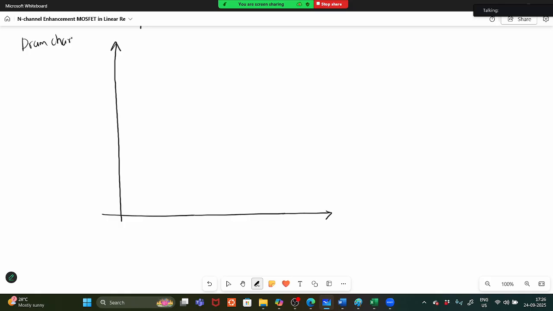The channel is uniform and acting as a resistive component. If you draw the characteristics in the linear region, how will they look? This is the drain characteristics.